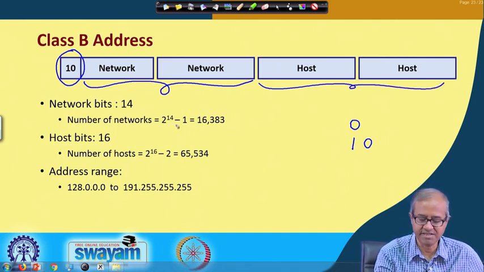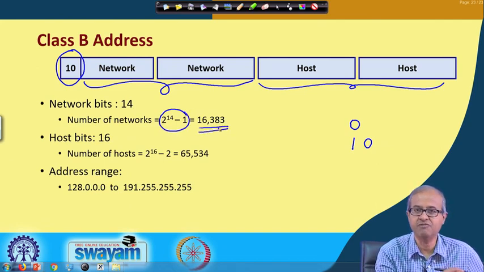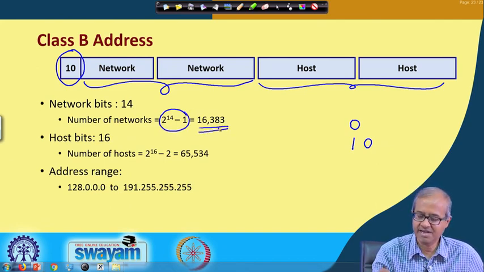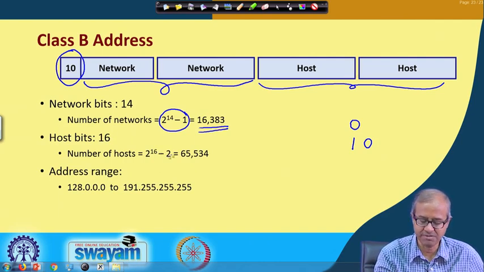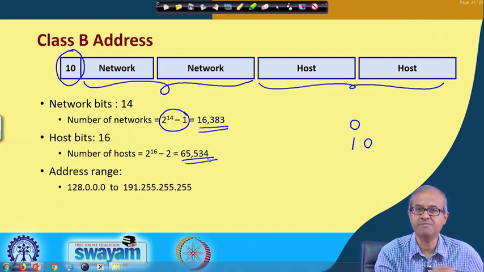So you can have 2 to the power 14 minus 1, which is about 16,000 networks, and each network can have 2 to the power 16 minus 2, about 65,000 computers. This is how class B networks are.